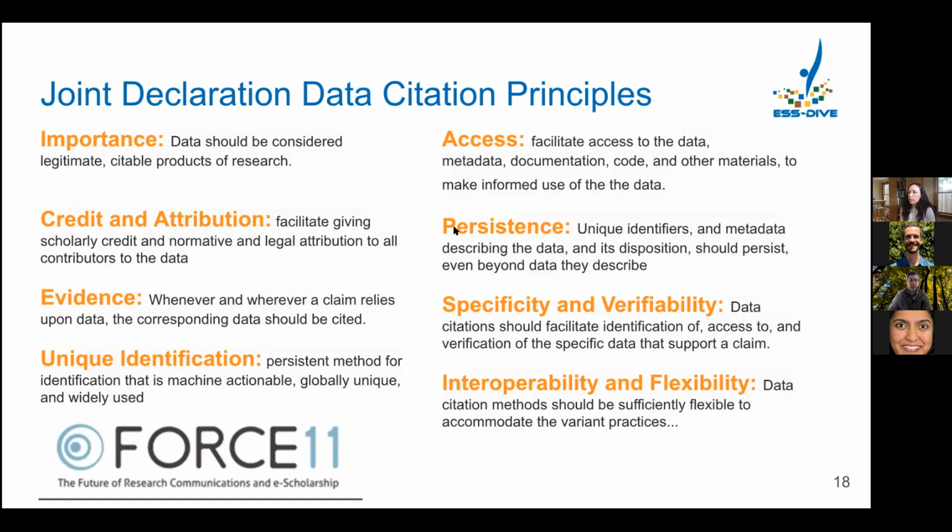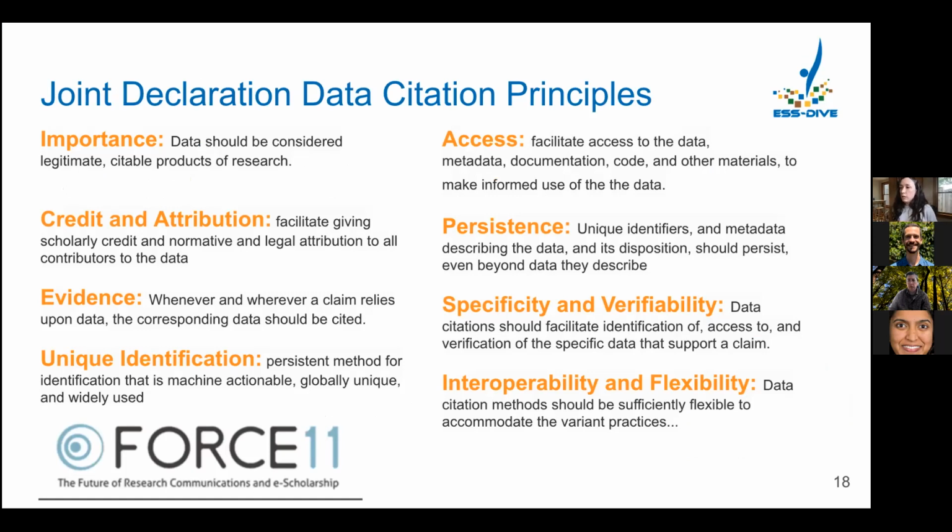The Joint Declaration of Data Citation Principles was developed in 2014, and there's a lot of detail here in text, but the point here is to point out some of the importance of data citation and what ideally should be included in a citation.